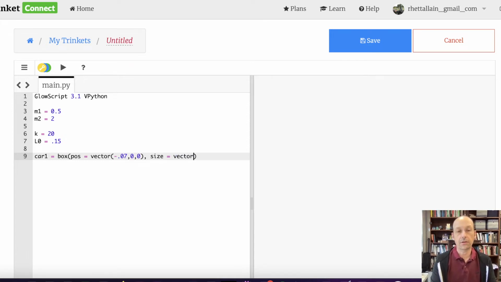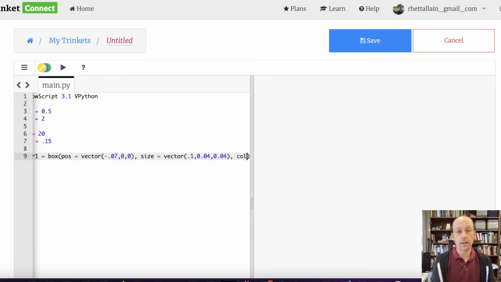So vector, the length is, let's say, 0.1, 10 centimeters? Yeah. 0.1, the height is going to be 0.4, and the width is going to be 0.4. And both my carts are green, but I'm going to make one yellow and one cyan. So let's make this one yellow. Color equals color dot yellow.